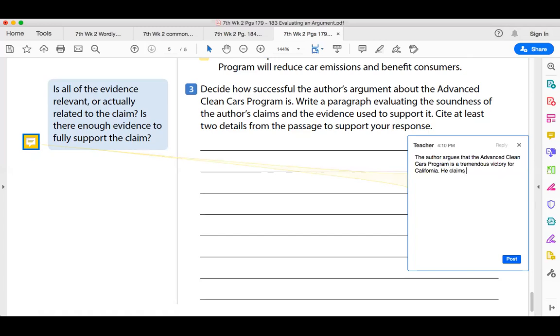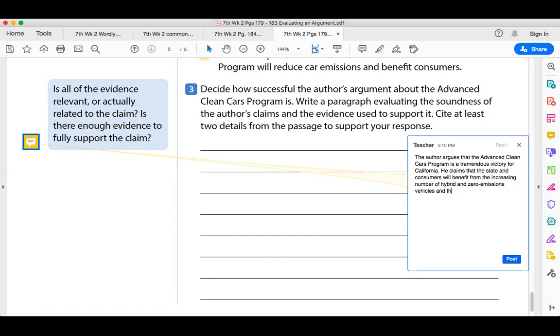He claims that the state and consumers that are buyers will benefit from the increasing number of hybrid and zero emissions vehicles. And if you want to say cars, you can say cars, but I'm saying vehicles.